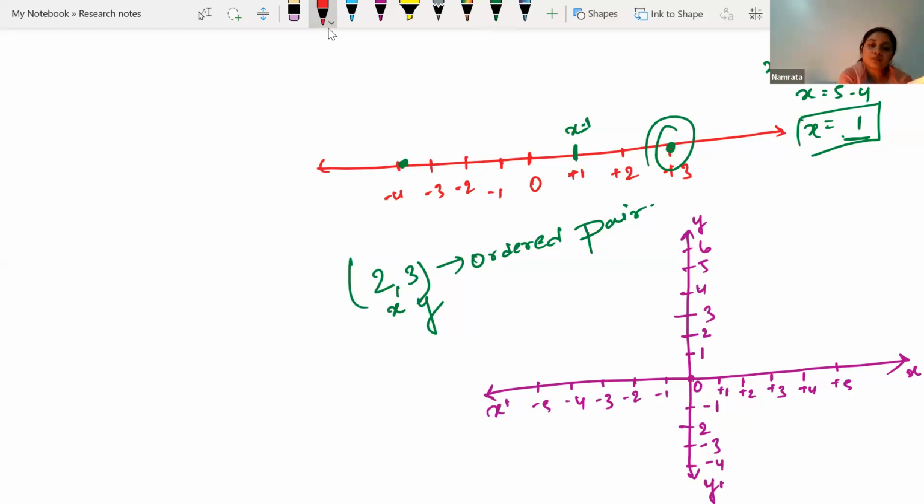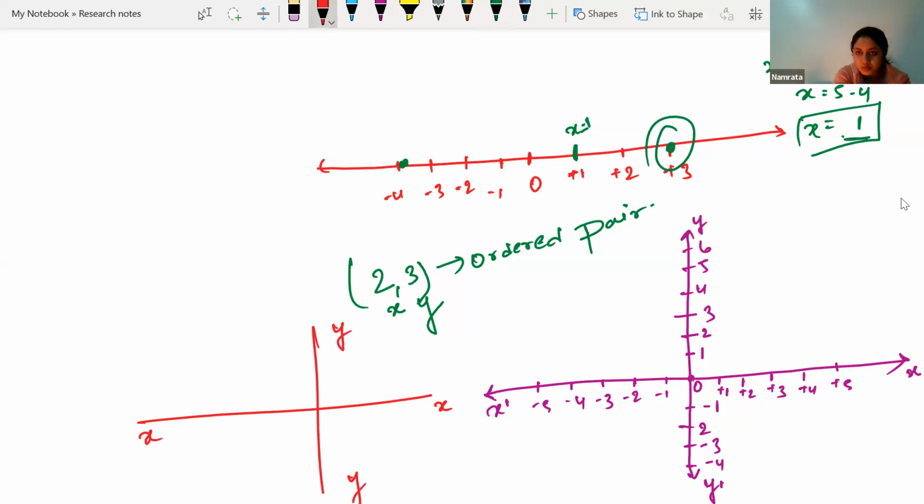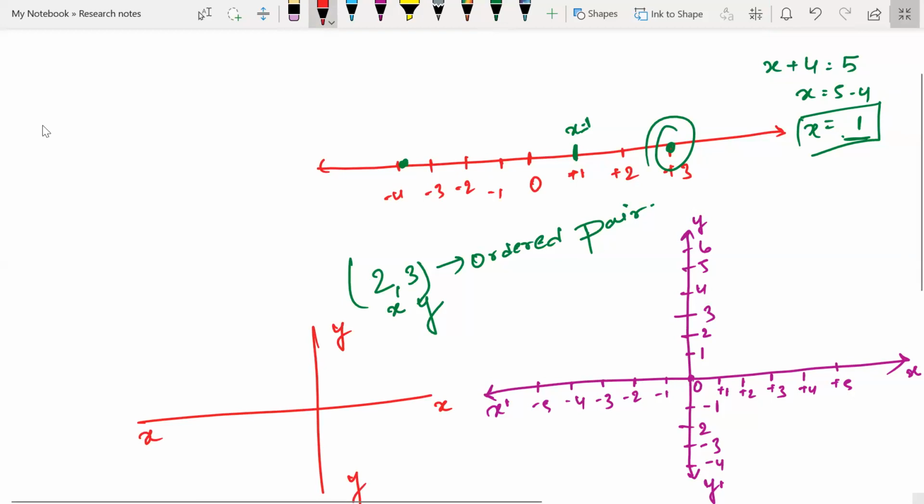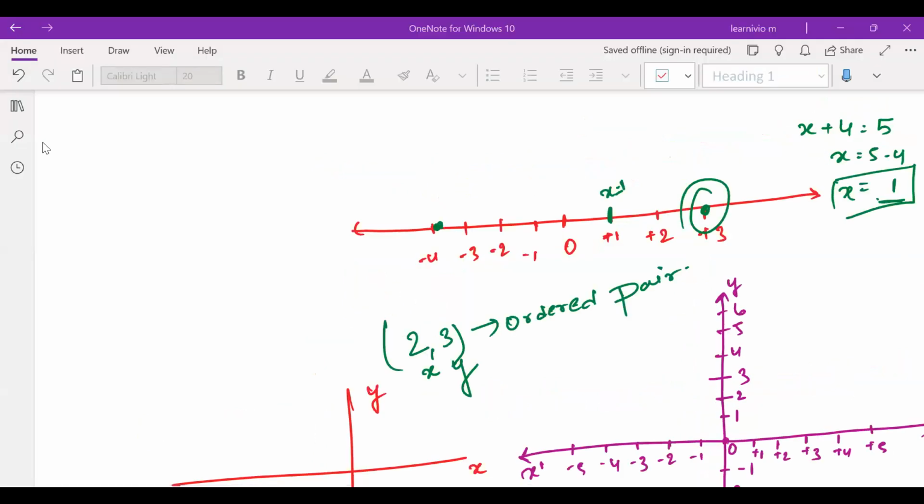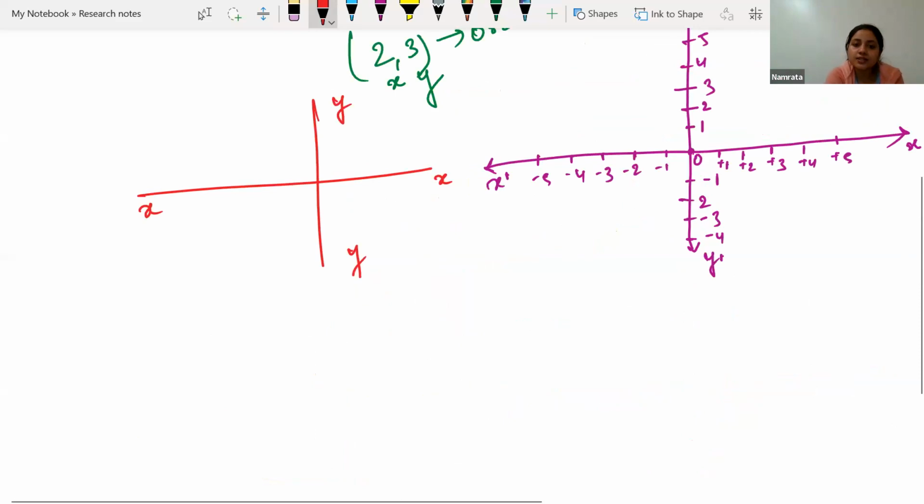You need to understand which one is x, which one is y. So first thing first, this is how we draw the coordinate axis. The horizontal one is the x and the vertical one is the y. The horizontal line is called the x-axis and the vertical line is called the y-axis.